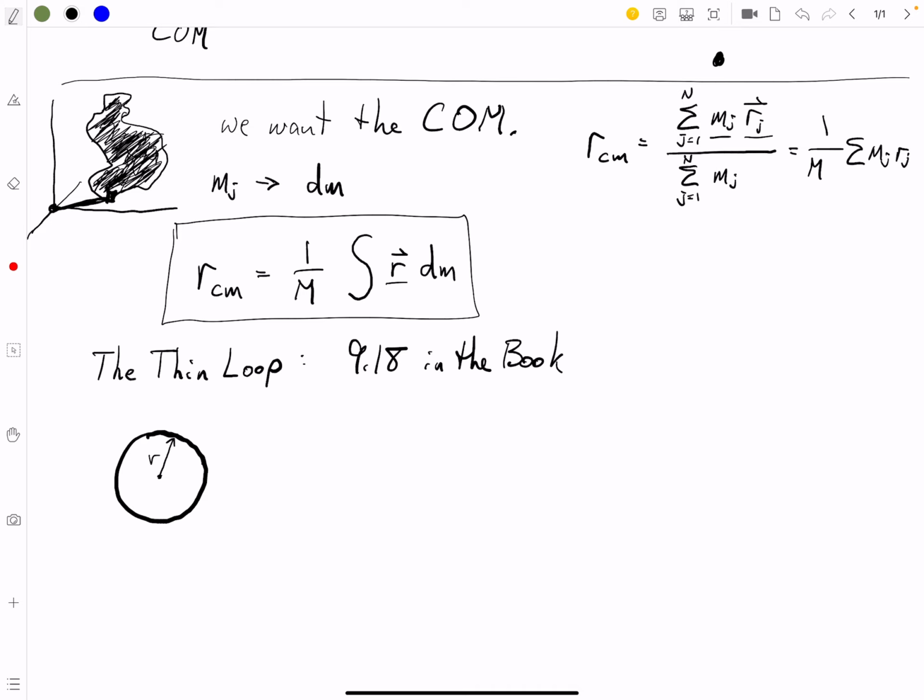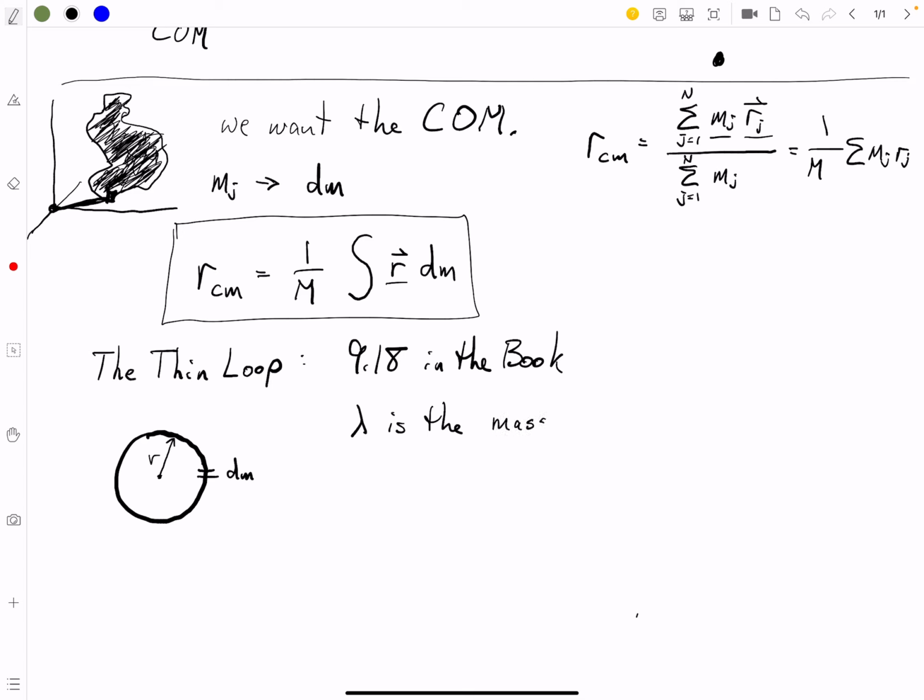And we're going to cut up into little dm's all around the loop. Okay? So what is the mass for dm? Okay, so lambda is the mass per length.